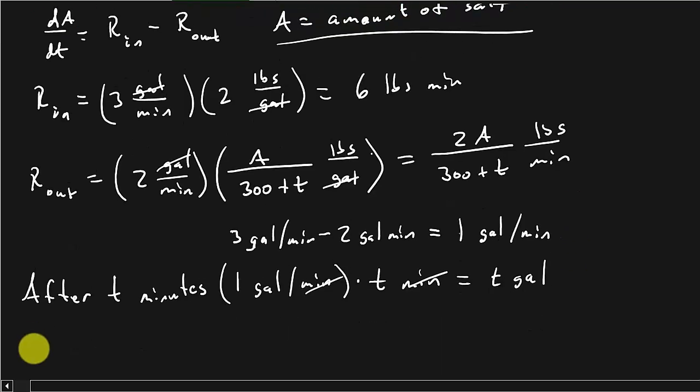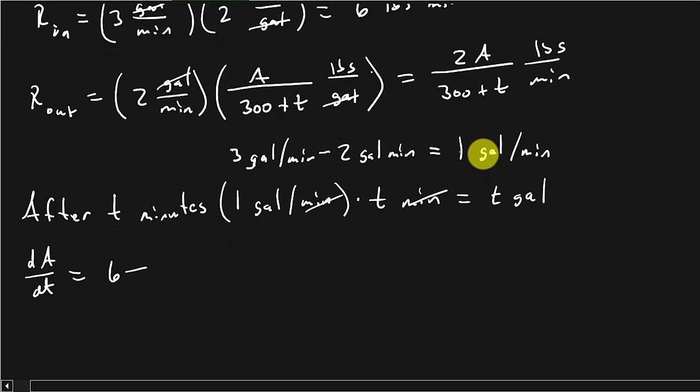So our differential equation dA/dt is the amount in minus the rate out. That's going to be 2A over 300 plus t.